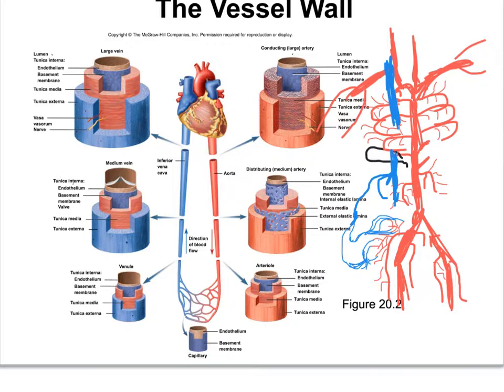They have a, well, relatively thicker tunica media than a medium vein, though it's still thinner than a conducting artery, and it doesn't contain a whole lot of elastic tissue. It doesn't need to stretch like that. But it does have a fair amount of smooth muscle. That just helps make it tougher so that it's less likely to rupture or split or anything like that.